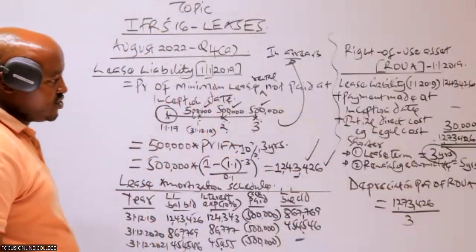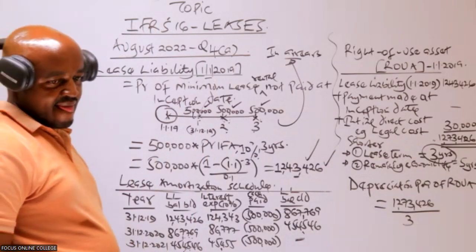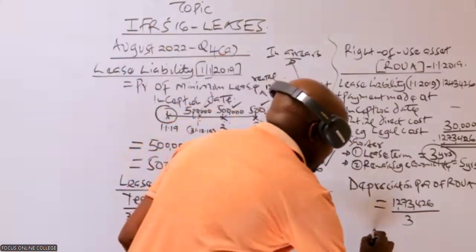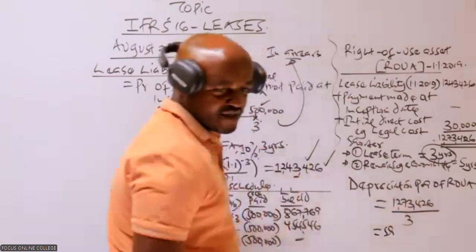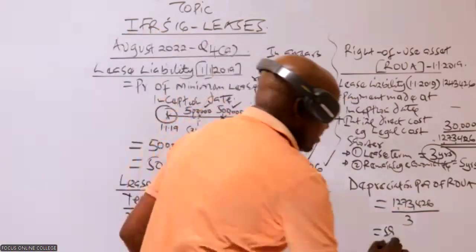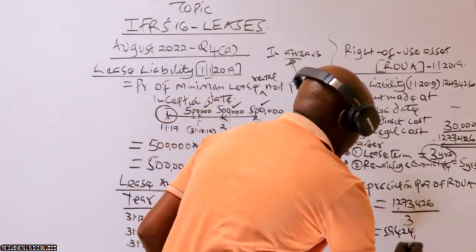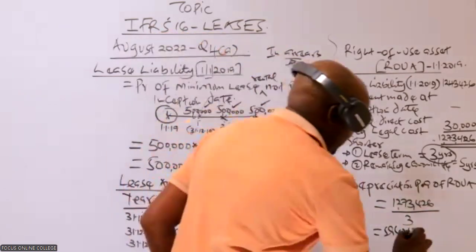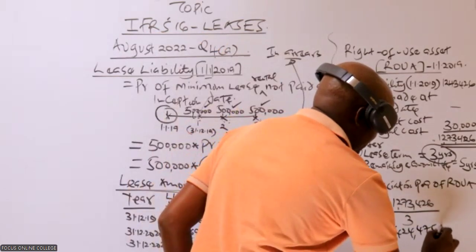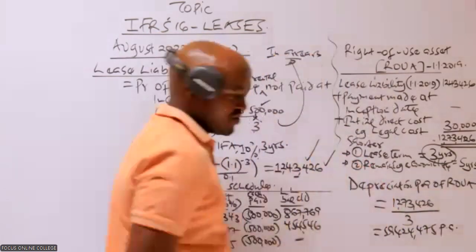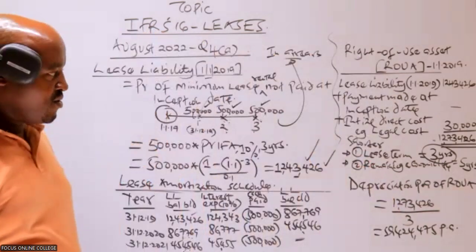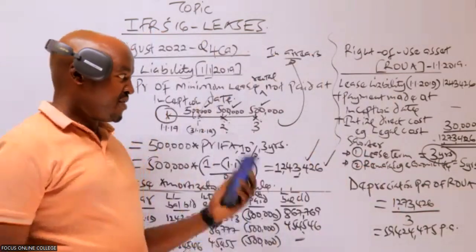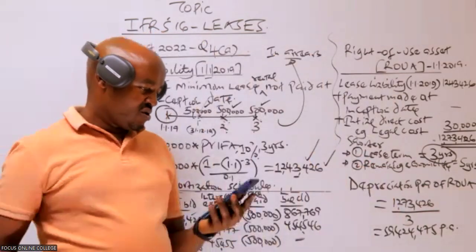So how much is the depreciation per annum? The depreciation per annum is shillings 475 and so on. That is how we determine the depreciation per annum.